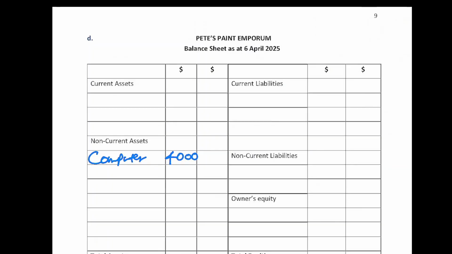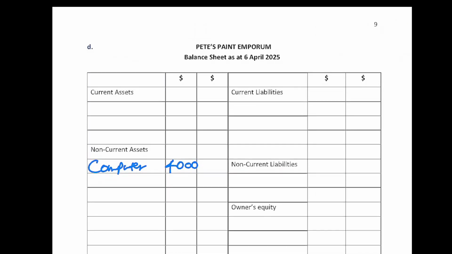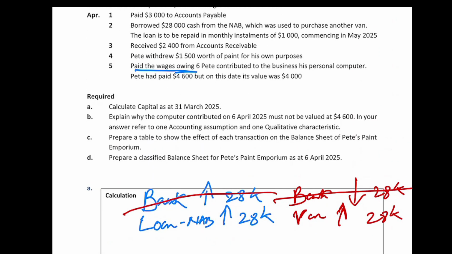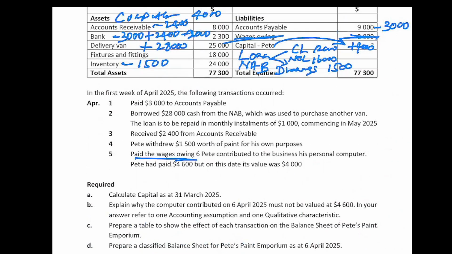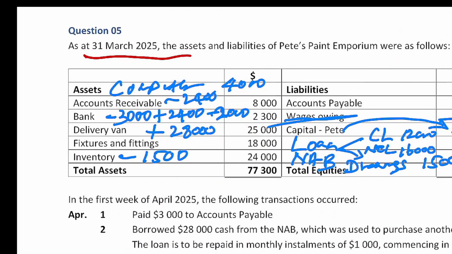Everyone is following me? Guys, you okay? Okay, computer 4,000 done. If I am going fast or slow, tell me. Next one, bank. The bank is a bit messy because I have to deal with some calculation. I'll do it manually. Minus 5,000 and 4,700.